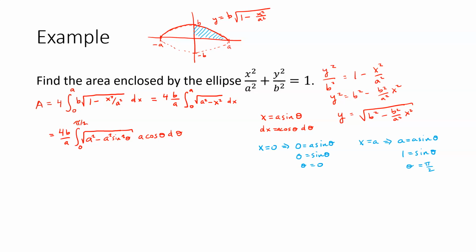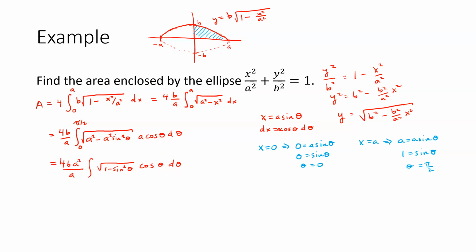And actually, this is good because now it saves me the last step of having to change back to the original variable x, because now I can just evaluate it at the end in terms of the variable theta. So now let's do a little bit of factoring. I noticed we can take out the a squared from the square root and it becomes a on the outside. And then we also have another a here that factors out. So what's left is the square root of 1 minus sine squared, and then cosine theta.